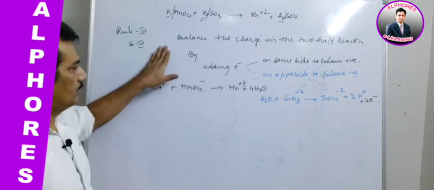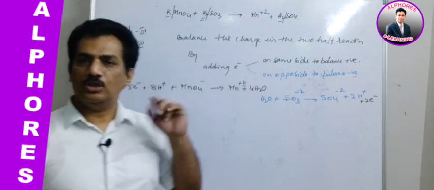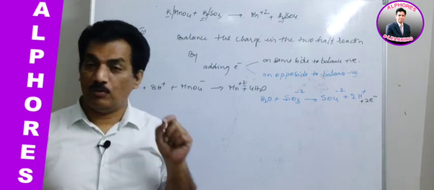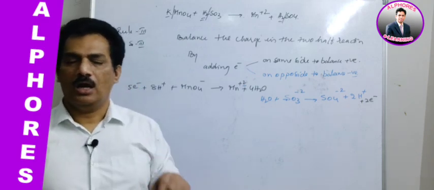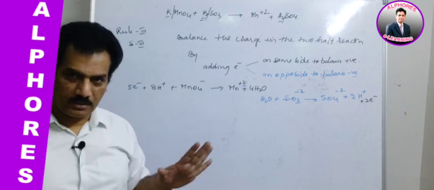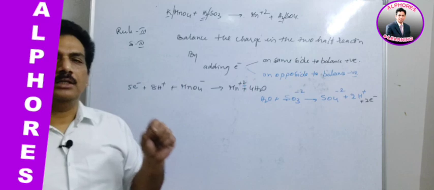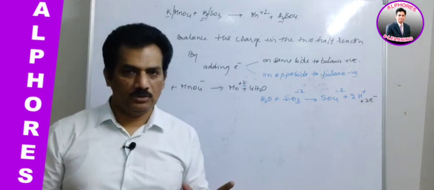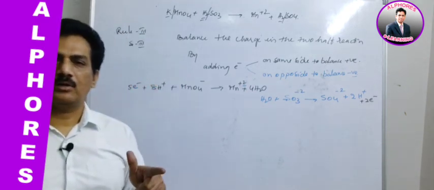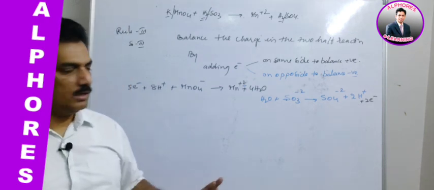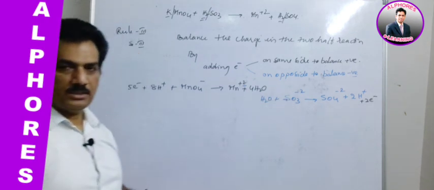Next, step 3, balance the charge in the two half reactions by adding electrons, only by adding electrons. And how to balance? We should not subtract. We balance by adding electrons on the same side to balance the positive charge, and by adding electrons on the opposite side to balance the negative charge. Clear? Now we are getting the two half reactions like this.